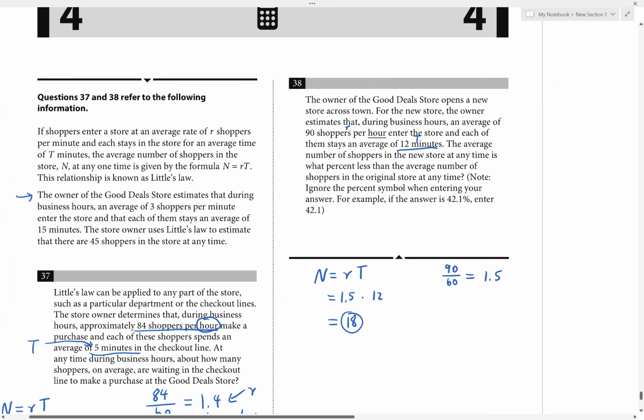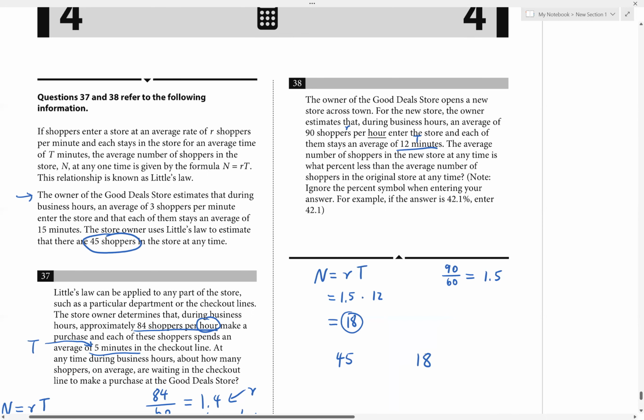They told us all the information, and in the end, they said there will be 45 shoppers in the store at a given time. That's the original store, so we're comparing with 45. The new store is 18.